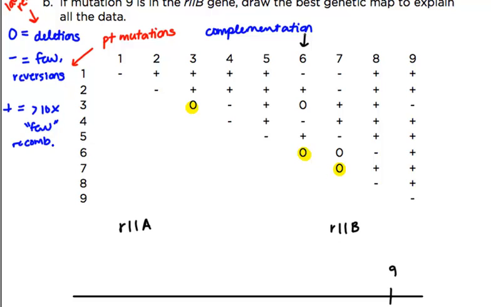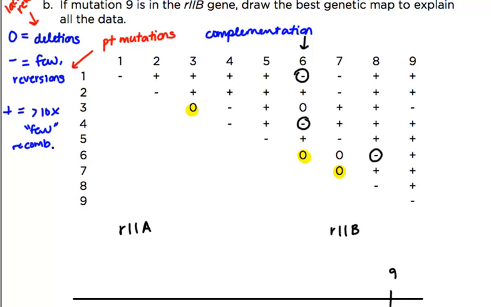But we're going to look for dashes, which means that it didn't recombine, that point mutation just reverted. So the mutations that don't recombine with 6 are 1, 4, and then if you look across, also 8. So we know that the deletion is going to span through the mutations 1, 4, and 8.